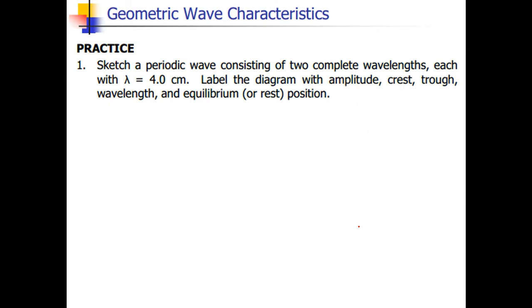Okay. So here it says sketch a periodic wave consisting of two complete wavelengths, each having a wavelength of 4 centimeters. Label the diagram with amplitude, crest, trough, wavelength, and equilibrium or rest position. So if we draw our equilibrium, we can start here.